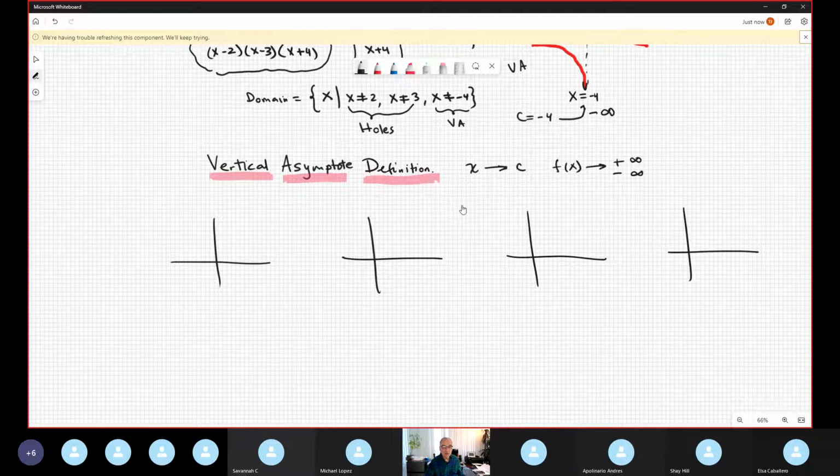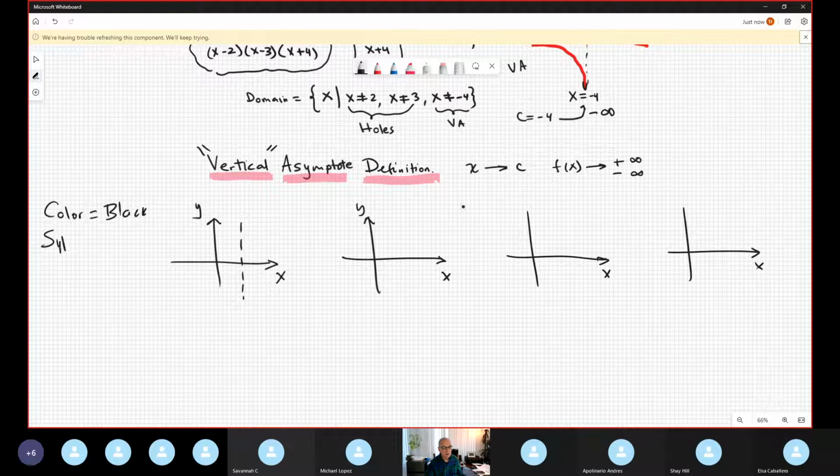The convention so far, guys, in Desmos, because everything we are doing in Desmos, is that any asymptote, vertical or another asymptote we study today, is a dotted line, and black color. The color we use in convention for now is black. And style.